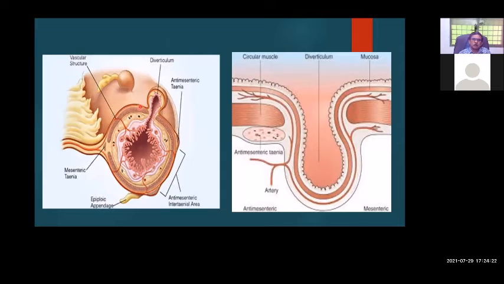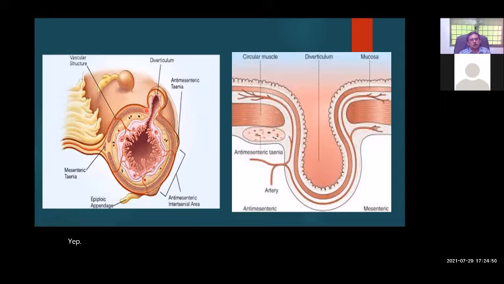Okay, this is a schematic representation of what a colonic diverticulum is all about. It's an outpouching of the wall of the large intestine, through weak points in the wall. These outpouchings are peculiar in that they do not contain the full thickness of the muscle layer.